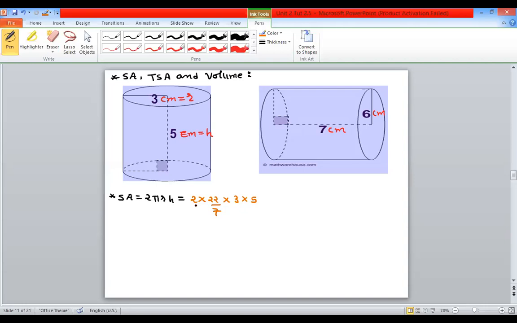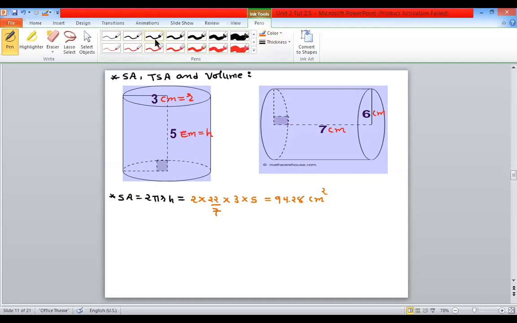So it represents 94.28 centimeter square, because area always represents a quantity squared.